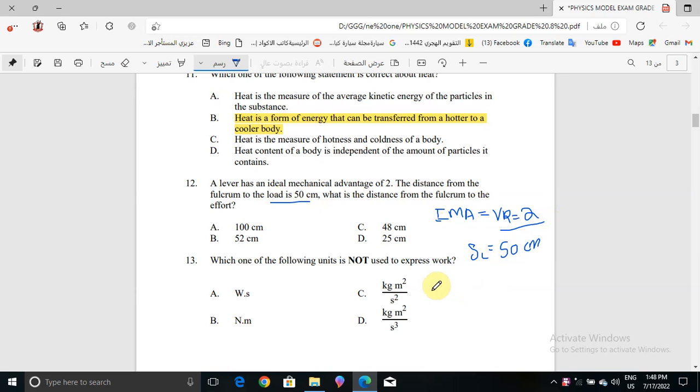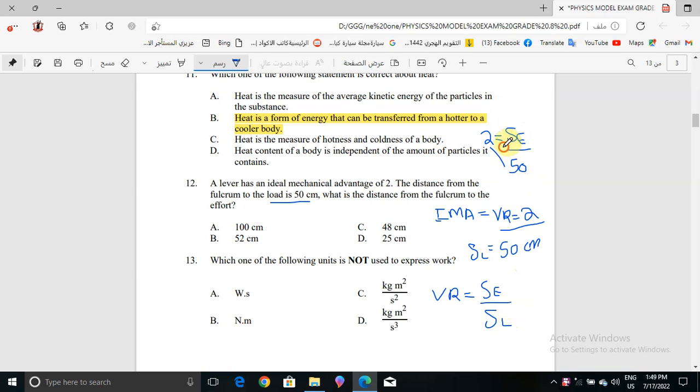And for velocity ratio, we know the formula, which is VR is equal to SE over SL, right? So here in place of velocity ratio we'll put 2 is equal to SE, which we don't know, the distance of effort, over SL, which is the load distance, 50 centimeter.